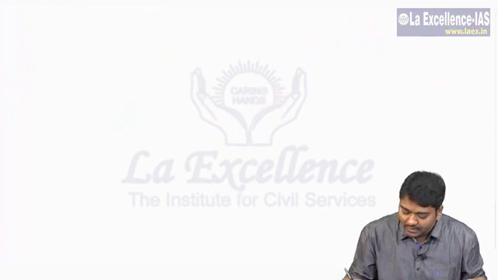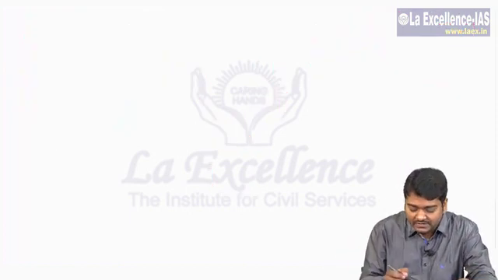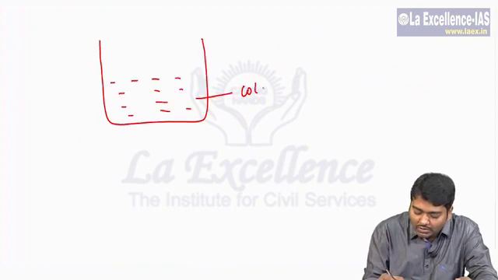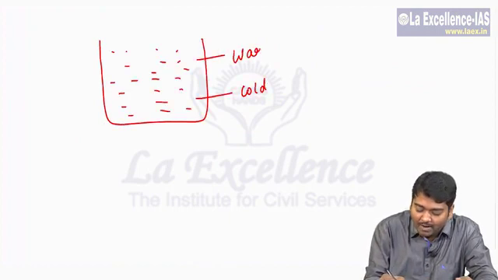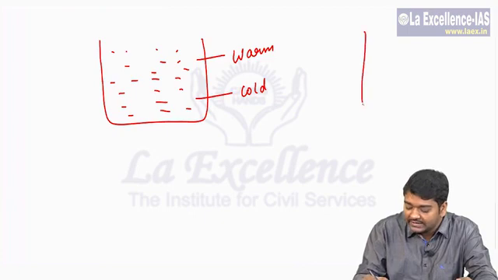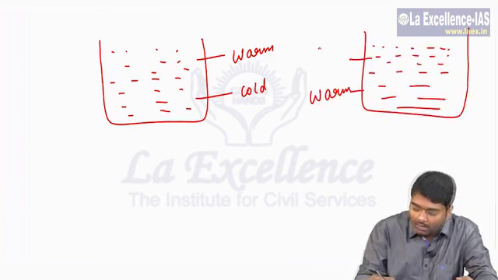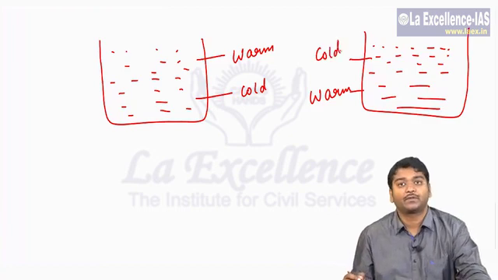Then, the most important point is, when you have cold below and warm above, another example, warm below and cold above, right?